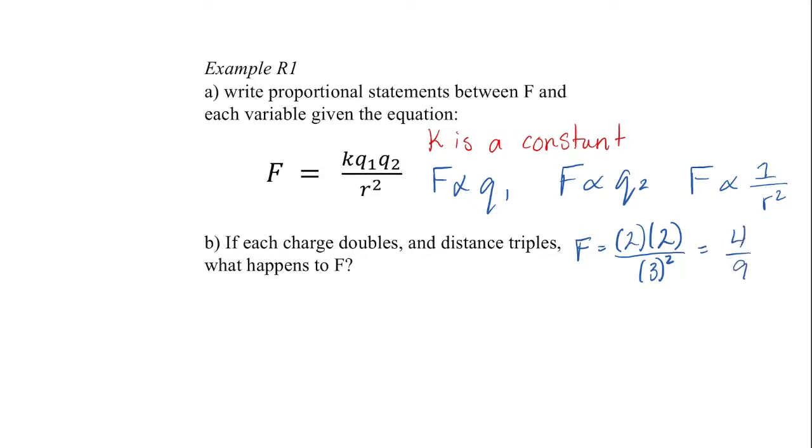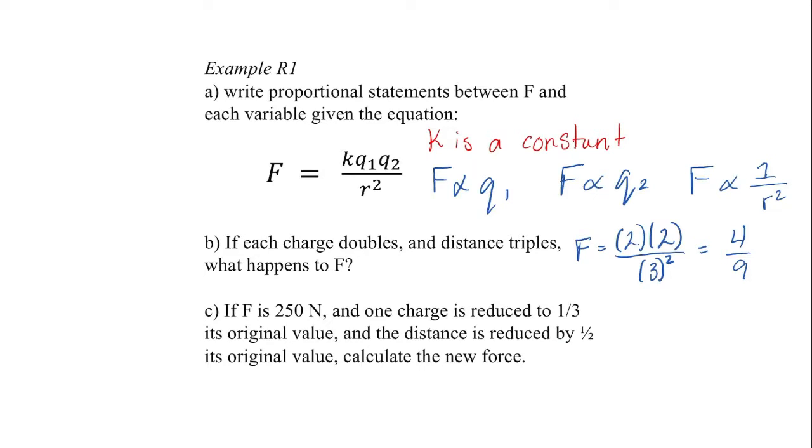That's 4/9, so that means the force is 4/9 as much as the previous force. It doesn't matter that we doubled both the charges, of course that distance makes a much bigger difference. So the new force is 4/9 as much as the previous F.